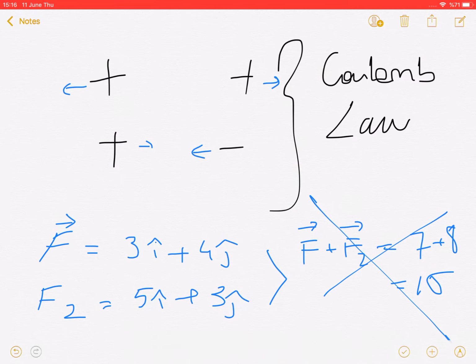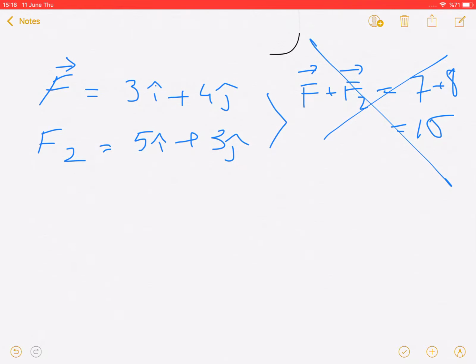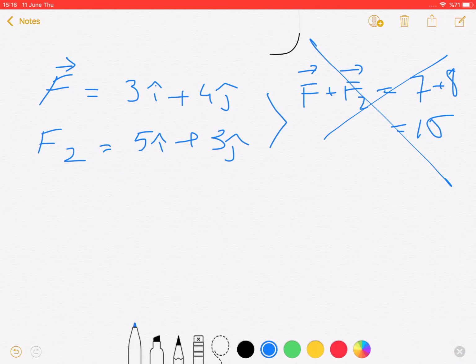But most of the students missed that point. If I say, what is F plus F2? You have to look at its components, like the atom, because force has components too. We look at the most general three-dimensional way. We have three different directions. Let's call them i hat, j hat, and k hat.